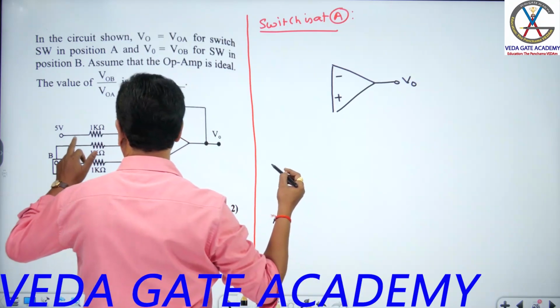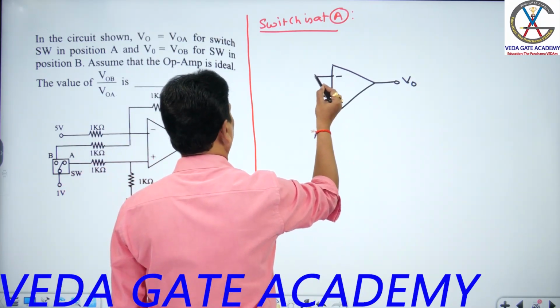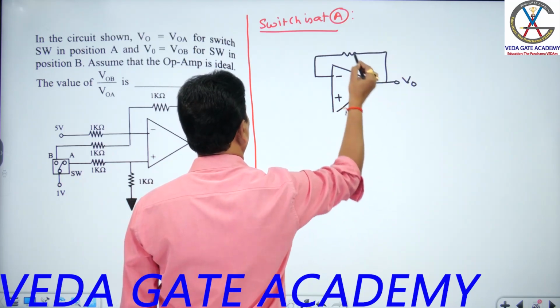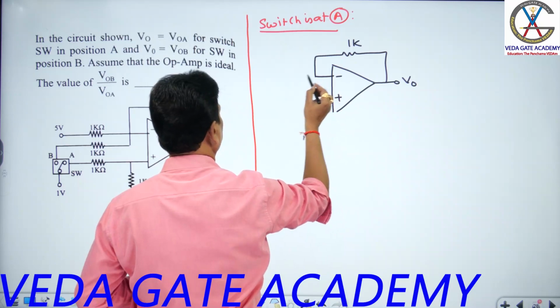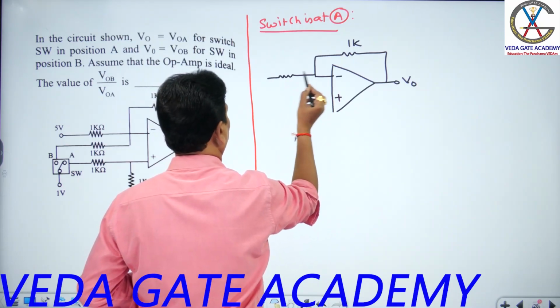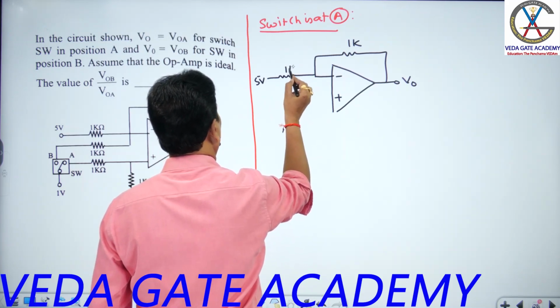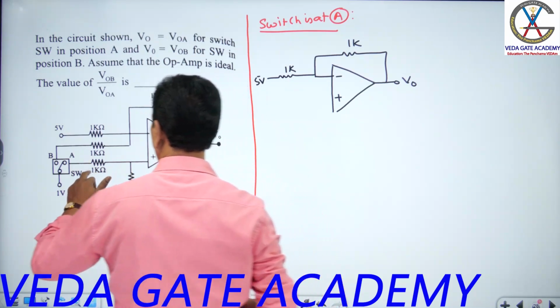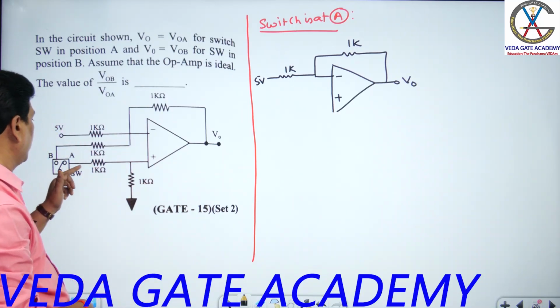Now for this one, the inverting input has 1K, which I take as it is. Here 5 volt is there, directly. This is 5 volts, and 1K is there. Got it now, students? Now, the switch is connected to A, meaning connected to this place.